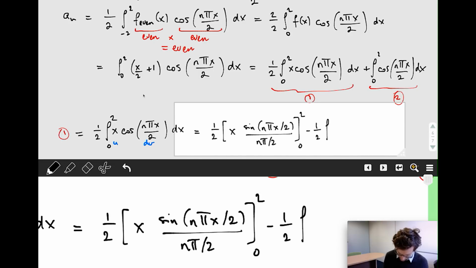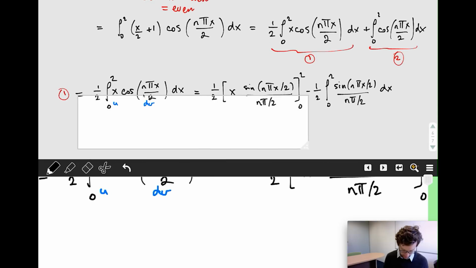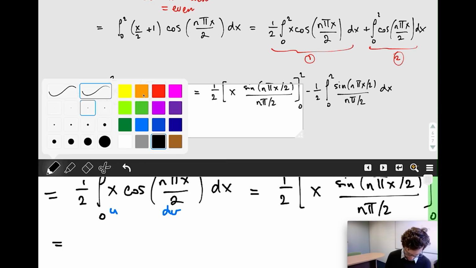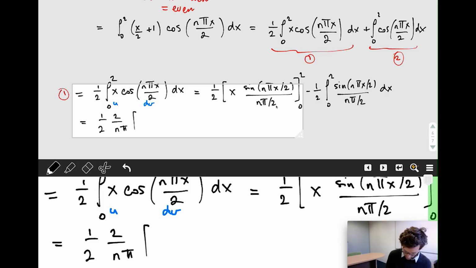minus a half the integral from 0 to 2 of v du. All right. Let's tidy up a little. You can see I can take this n pi over 2 outside, so it becomes 2 over n pi, leaving me with x sine n pi x divided by 2.